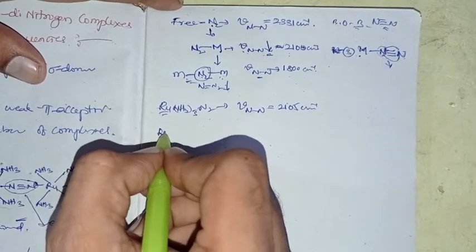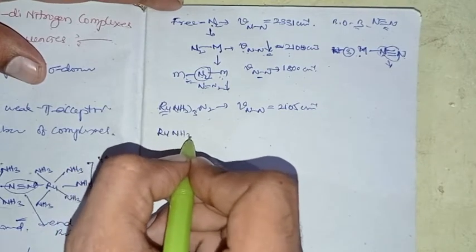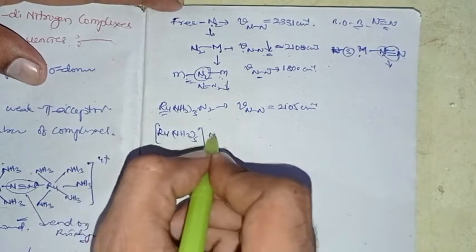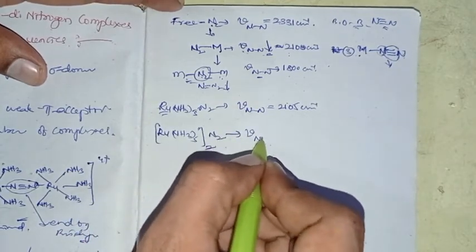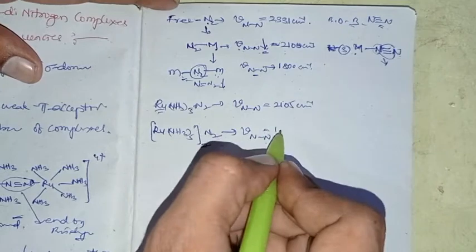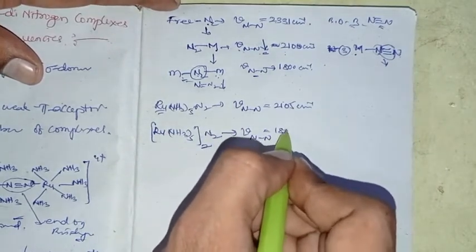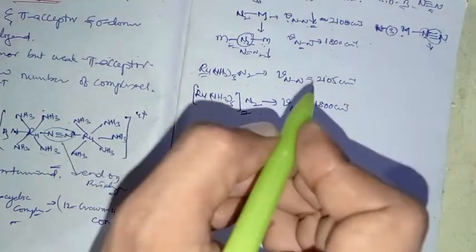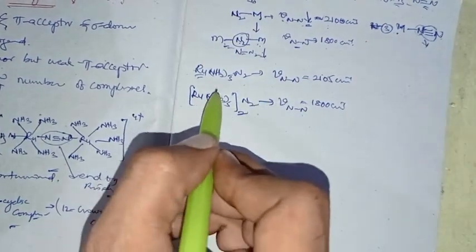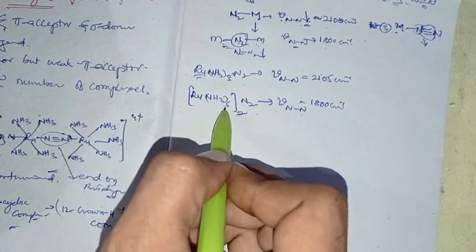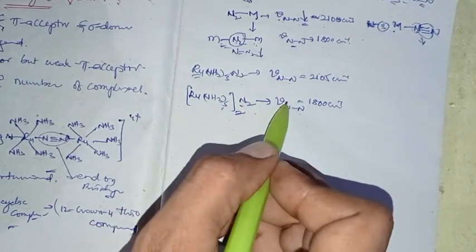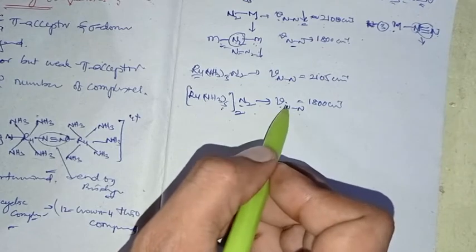And the dimer of it, where the stretching frequency of nitrogen to nitrogen is 1800. So in going from monomer to dimer, the dinitrogen stretching frequency is falling, getting decreased.